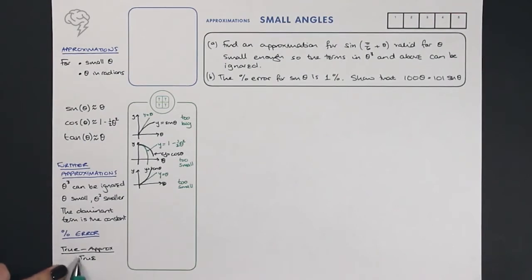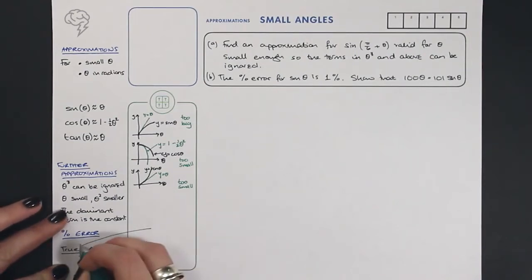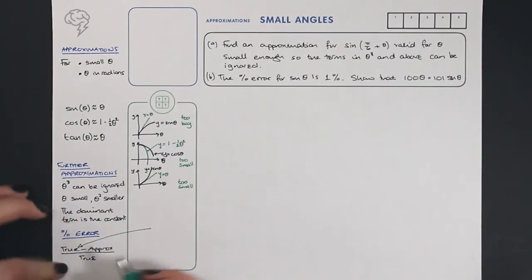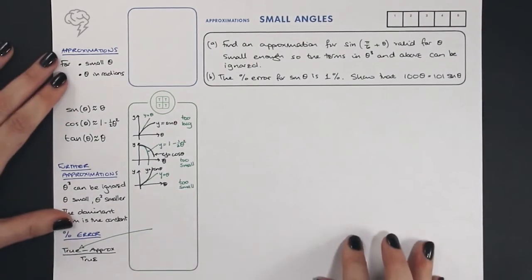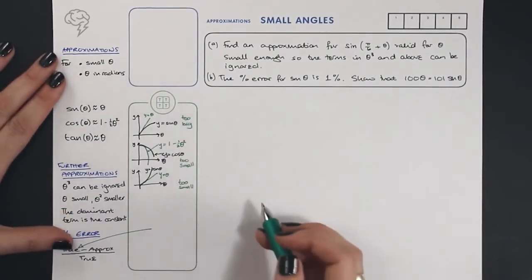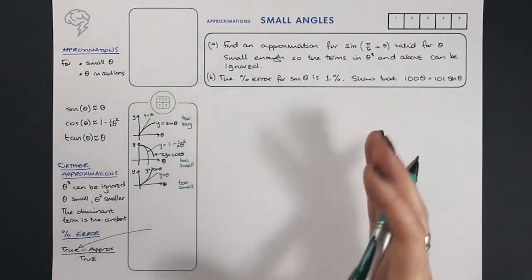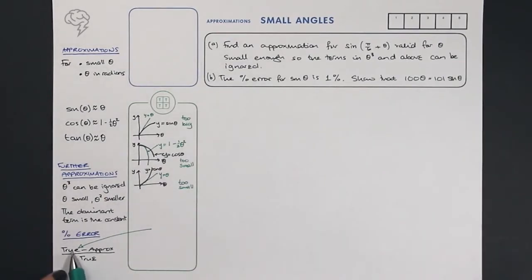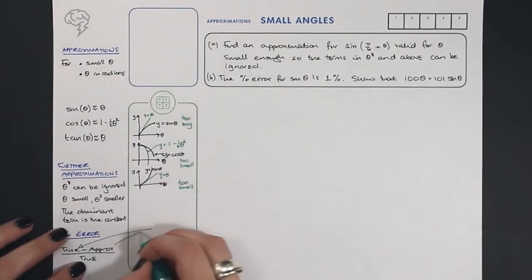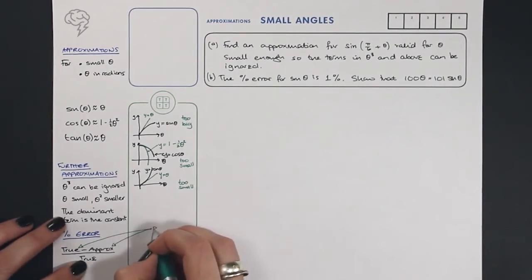A very common question is percentage error. To work out percentage error, you're doing the true value minus the approximate value over the true value. But what you need to remember here is that we don't care whether it's a bit too big or a bit too small. So you would want the absolute value of that error. So instead of true minus approx, really what you should do is the big one minus the small one.